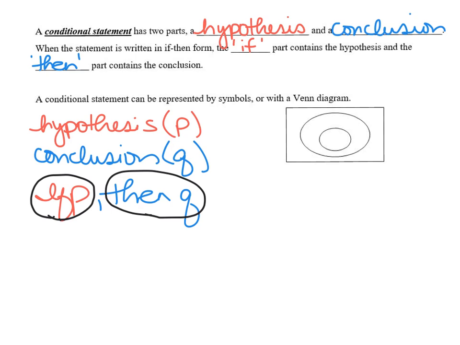You may also see it written as P, and then an arrow, and then Q, and that would be read as P implies Q. It's just another shorthand way of saying if P, then Q.